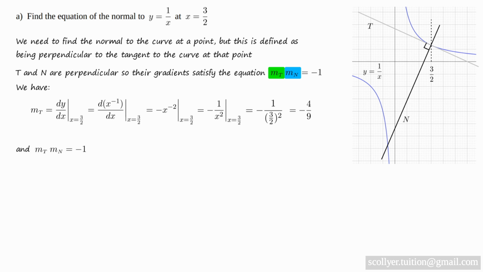And since mt times mn equals minus 1, then we find that mn equals 9 over 4.